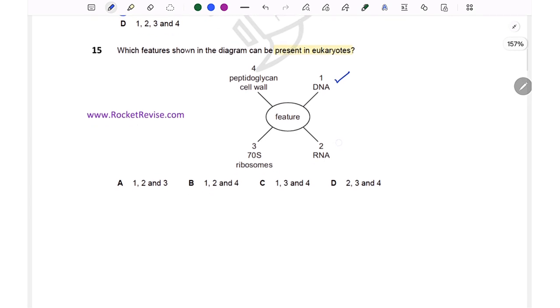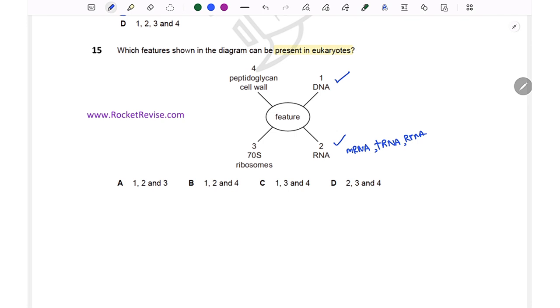RNA is also present because remember, there is mRNA, tRNA, rRNA. So those are present. And also, you know how protein synthesis happens, so there's a lot of RNA involved.